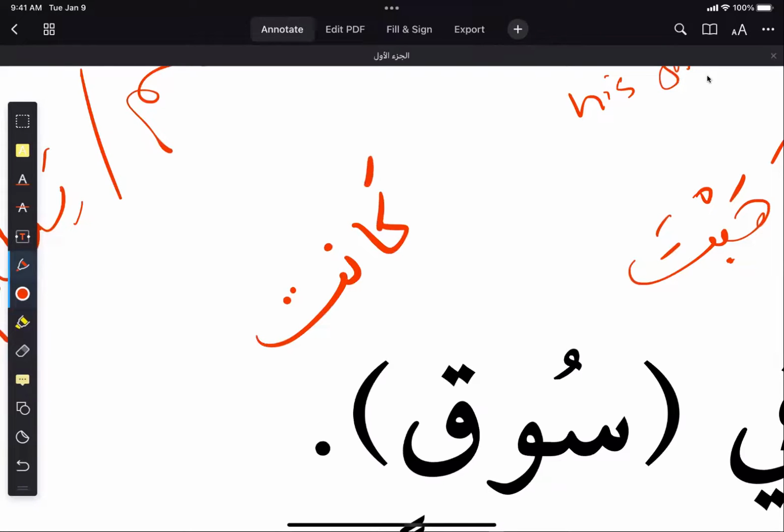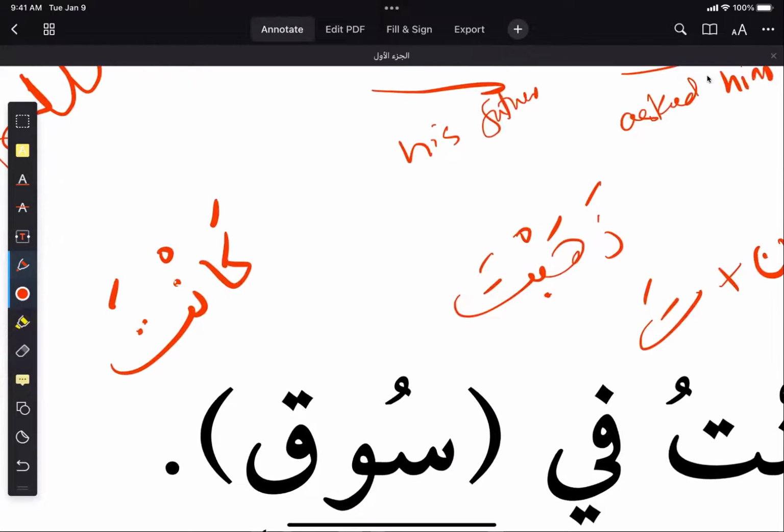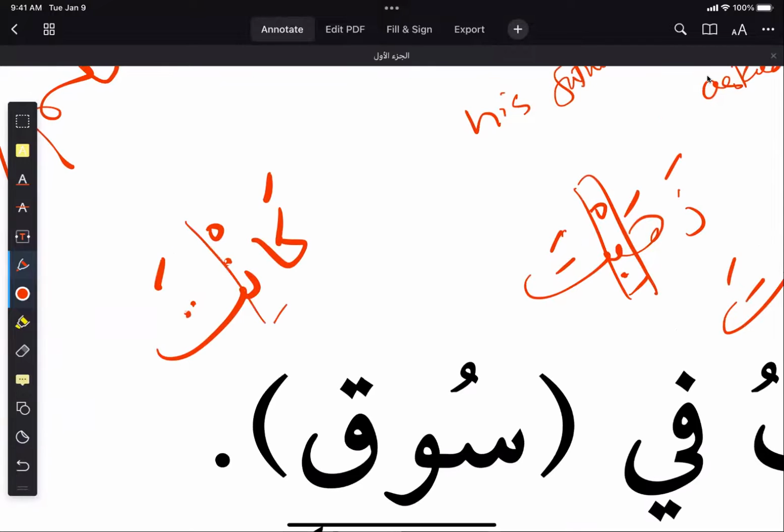If I write like this, kanta, because dhahabta, remember we have a sukun here, so you should have a sukun here. The first thing that should bother you when you look at it, how do you change it? We will learn later. But the first thing should bother you that we have a problem here.